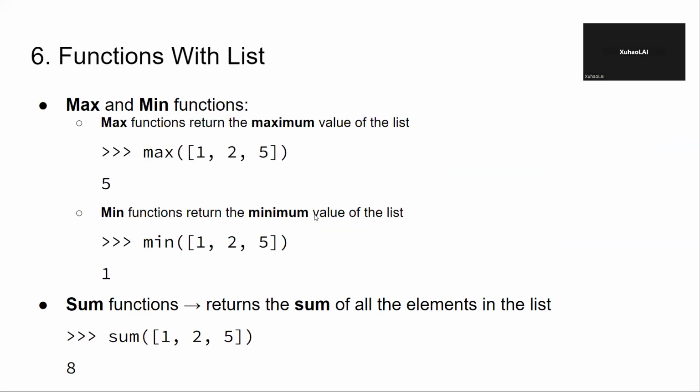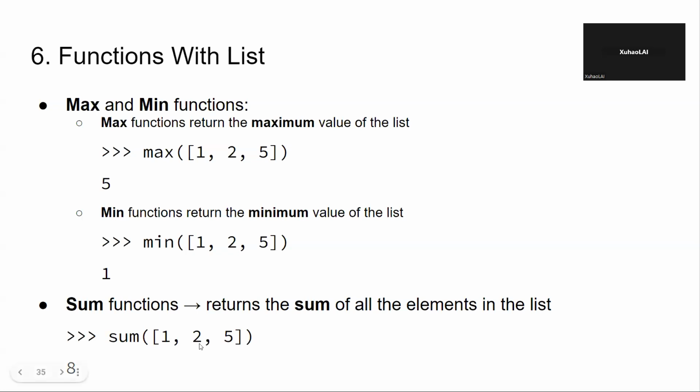And I have maximum and minimum functions. The maximum function returns a number that is greater than any other elements in the list. So it returns the maximum value of a list. Suppose I have the maximum of 1, 2, 5. It returns 5. Minimum does the opposite thing. I find out the minimum value in the list. So maximum, minimum, and I also have sum. Sum returns an integer, the sum of the elements in the list.